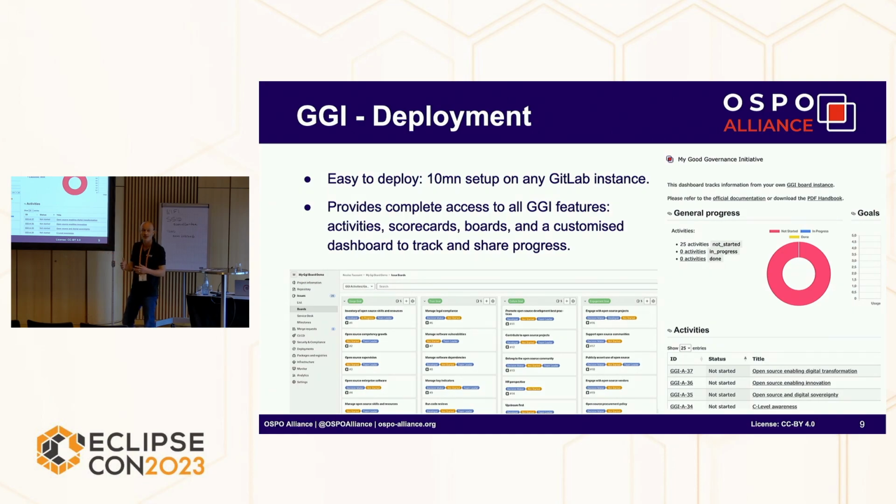So if you want to manage that in an agile way, you will select a few activities, complete them, then have another sprint with different activities. You have a board that is automatically created, so you have a visualization of all the activities. You start creating the scorecard from there. So it's really easy to manage your deployment with that.